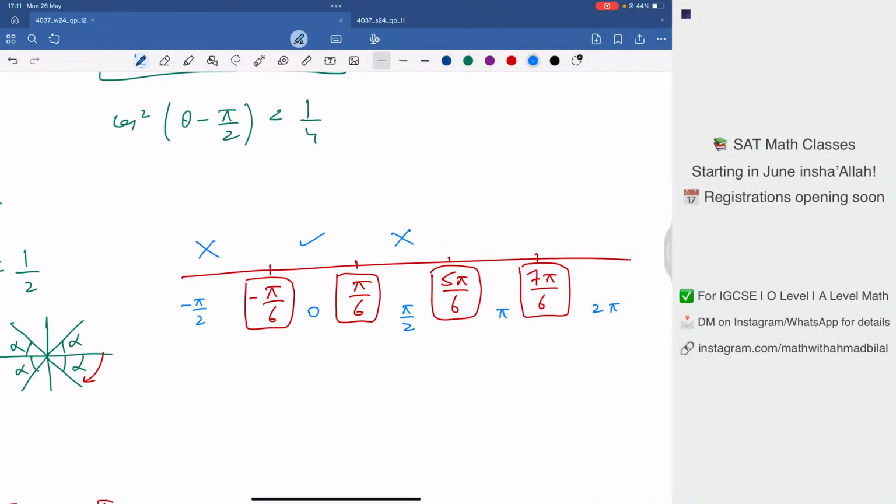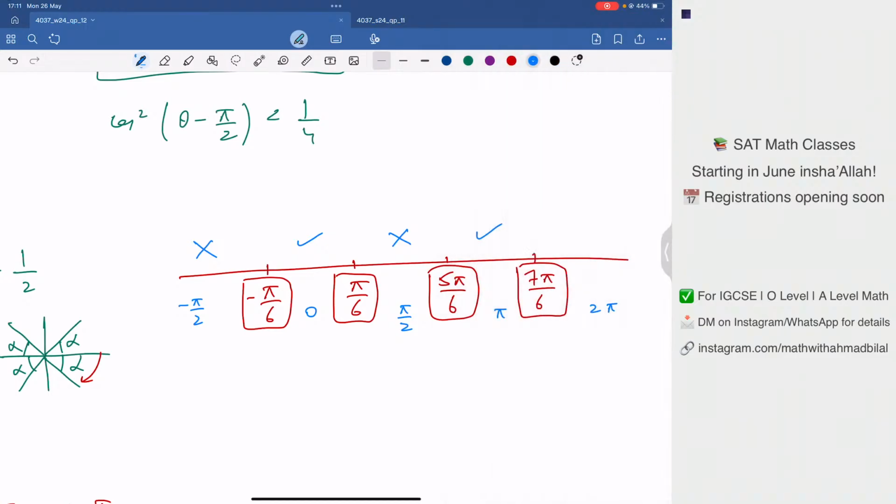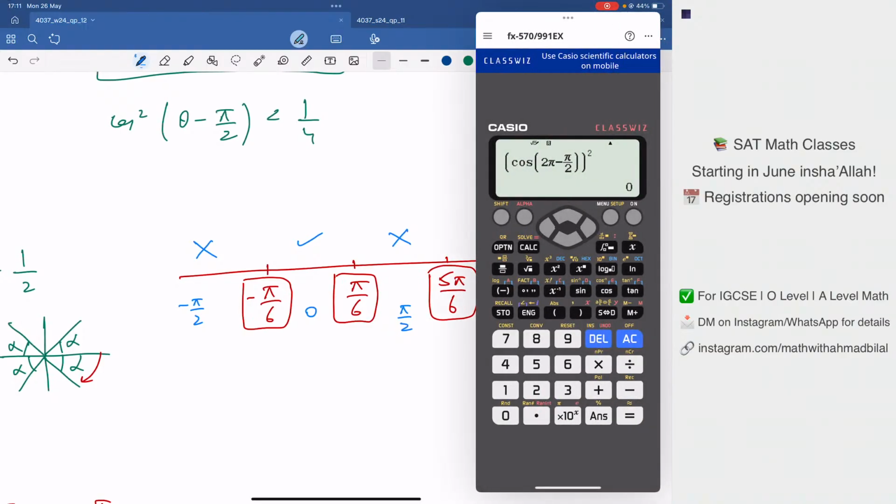That's 0. 0 is less than 1 over 4, so that satisfies the condition. Then the right side, 2 pi, that's 0. This also is satisfying the condition. Cos square of 2 pi minus pi over 2, that is also less than 1 over 4.